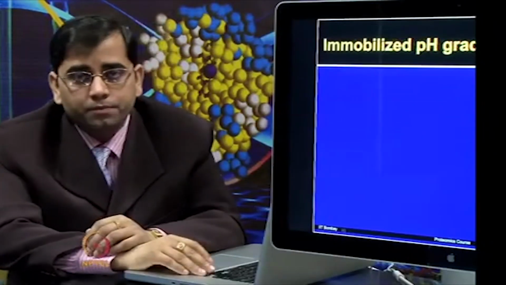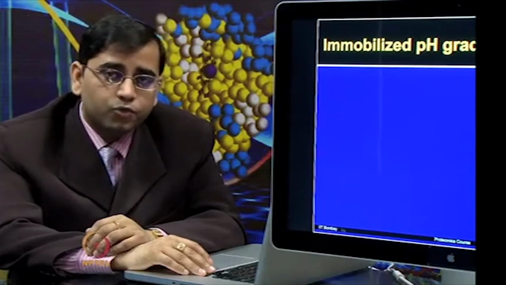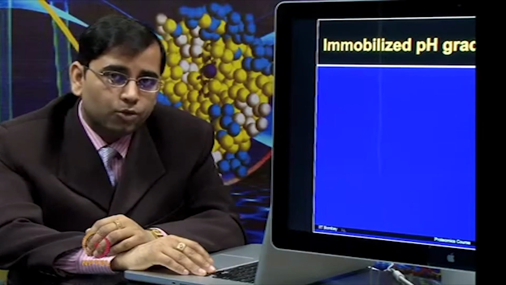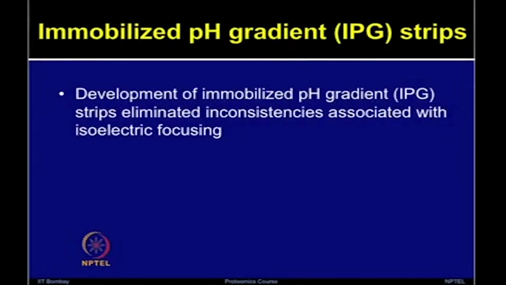So, let us talk about the immobilized pH gradient strip, or the IPG strip, which was one of the major milestone developments in the 2DE field. The development of the IPG strip, as compared to the tube gel, removed a lot of inconsistencies which were involved earlier during isoelectric focusing.